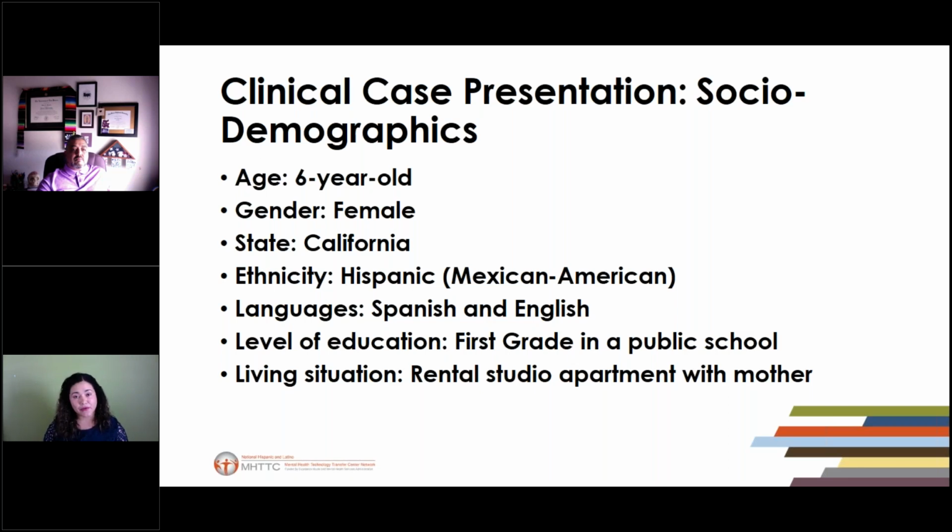She was living with her mom, but she also has visitation dates with her father, 3 days a week. And a little bit of the background of this family is that they received mental health services before because they experienced a lot of trauma and difficult situations that I will explain. Next slide, please.